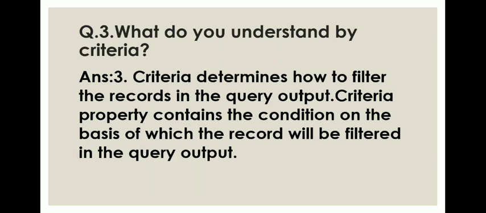Question 3 is, what do you understand by criteria? Here you have to define what you understand by criteria. Criteria determines how to filter the records in the query output.